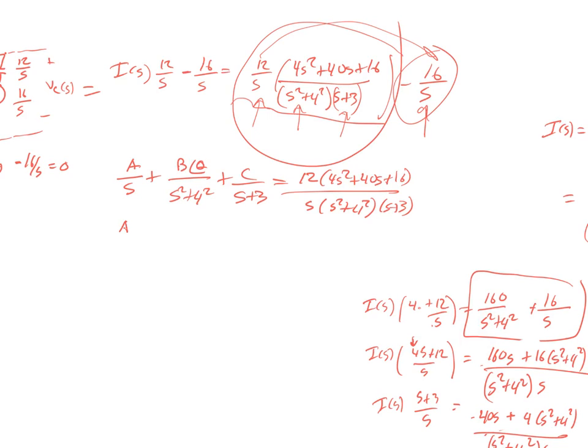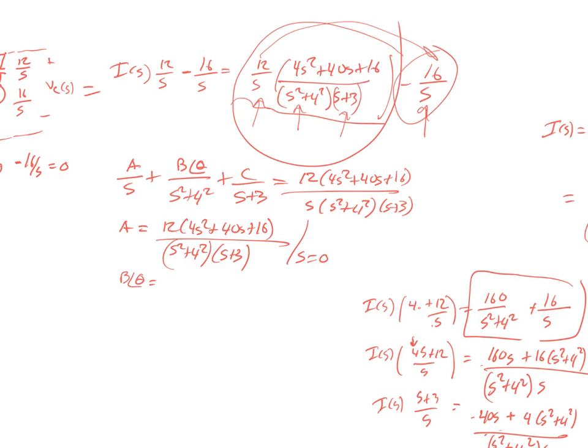So my A is going to be equal to 12 times 4S squared plus 40S plus 16 over S squared plus 4 squared times S plus 3, evaluated at S equals 0.